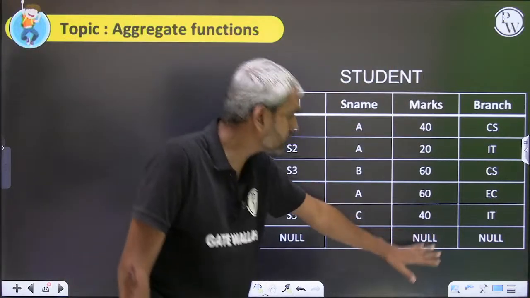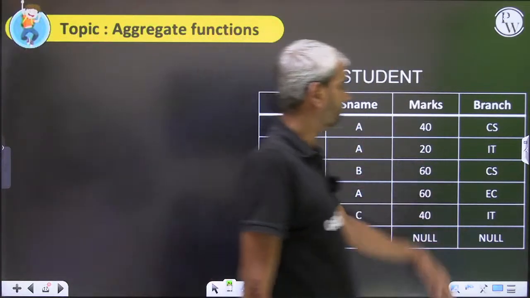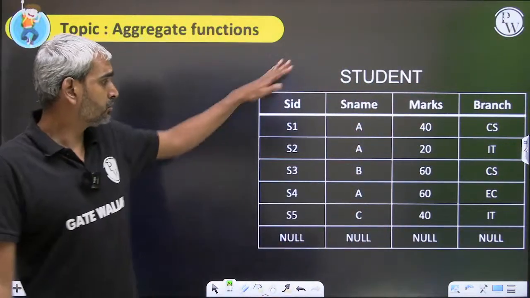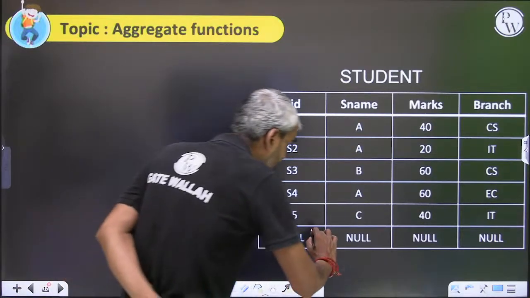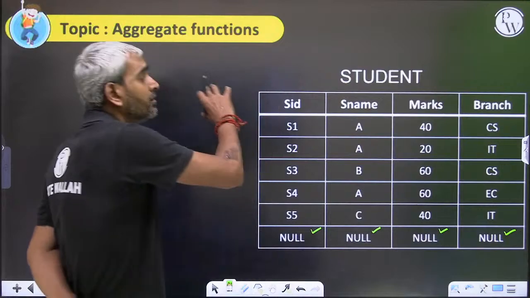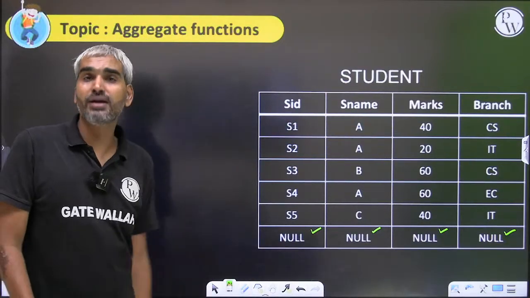Consider this is your relational table student. I have inserted some more tuples into the table. So this is your final table. You may insert null in all the tuples if there is no primary key. The moment you define a primary key, null will not be allowed.